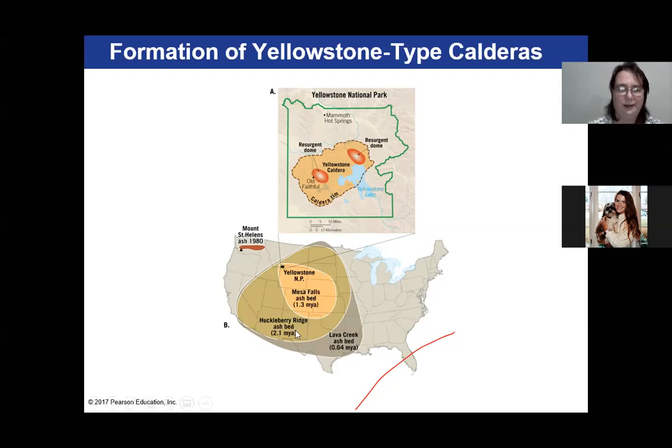This ash bed 2 million years ago, MYA means million years ago, covered most of the West there. Then the next oldest, 1.3 million years, covered that much, and then 600,000 years or 0.64 million years ago, it covered that much of the surface. Now, not incredibly thick, but that's how far it was thrown.